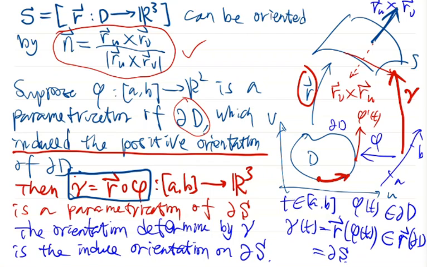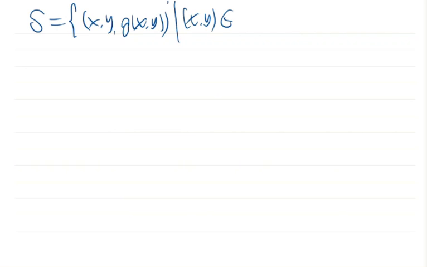Now we have a look at an example. Suppose S is (x, y, g(x,y)), with (x,y) belonging to D. That is, S is a graph of a function.